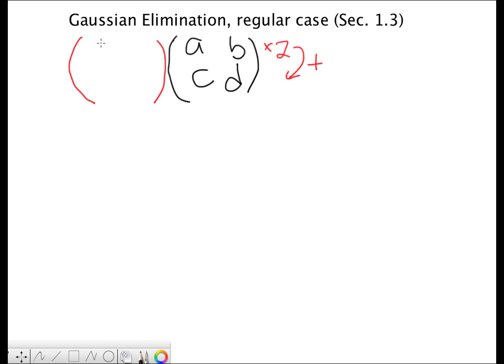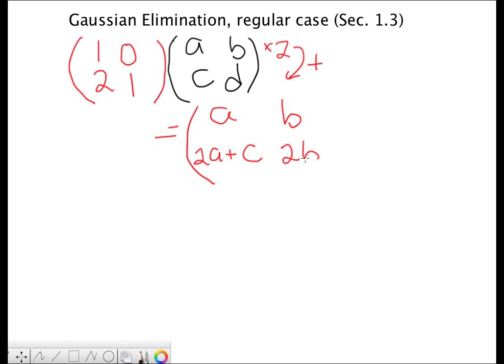Well, here's the fact. That's exactly the same thing as multiplying on the left by this 2 by 2 matrix. Because if you do this matrix multiplication out, what you get is A, B, 2A plus C, 2B plus D, which is indeed 2 times the first row added to the second.